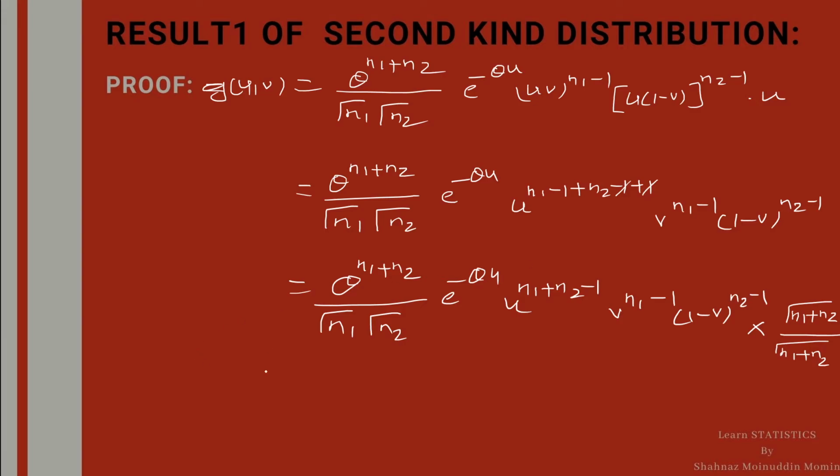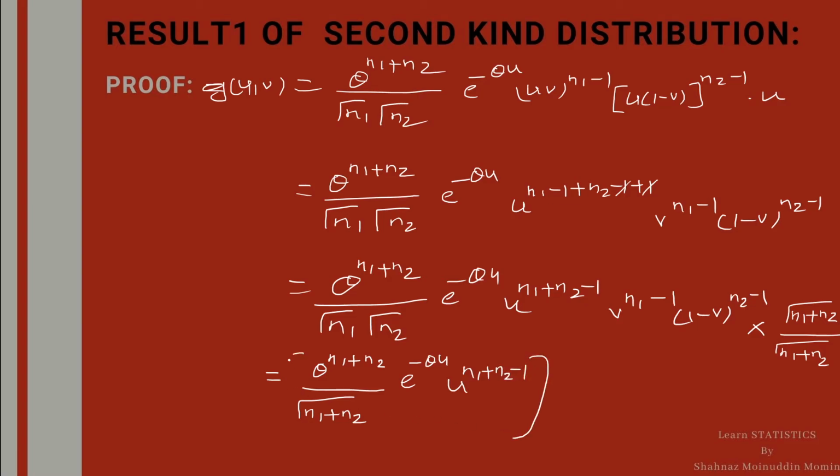I will rearrange the term as theta raised to n1 plus n2 divided by gamma n1 plus n2 e raised to minus theta u raised to n1 plus n2 minus 1.